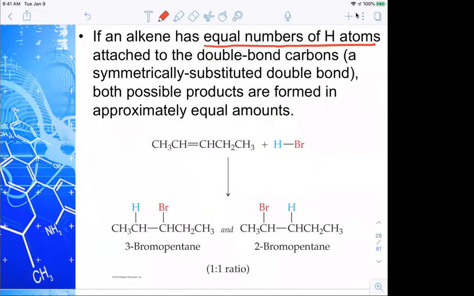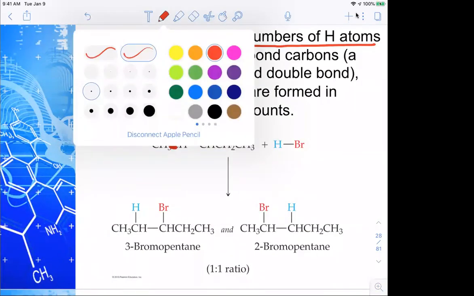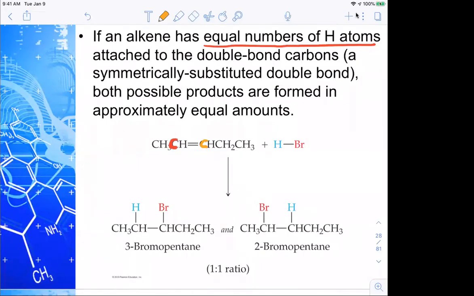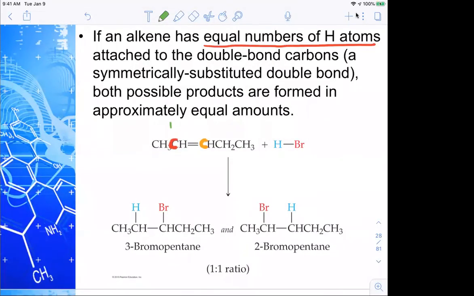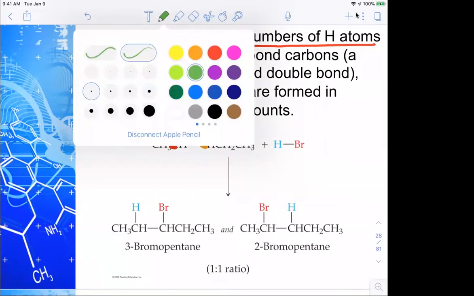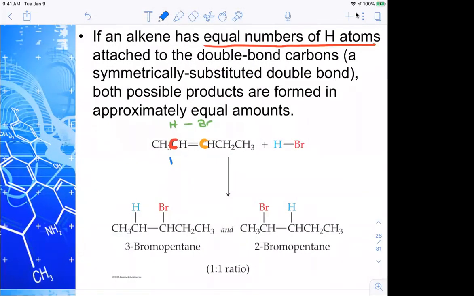So now I have, again, the red carbon and the orange carbon. This HBr could add this way, or it can add this way.